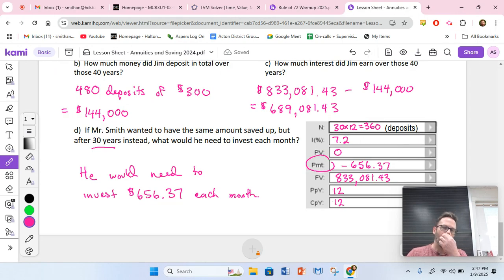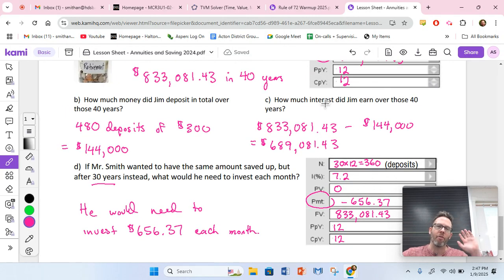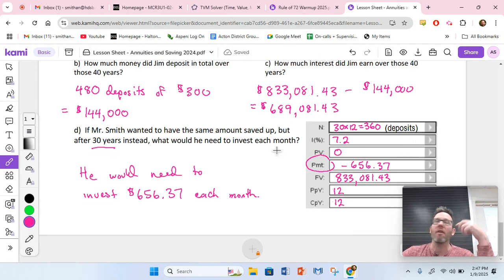So I can make this applicable to you guys. Let's say you start working, whenever that is, after school, out of high school, whatever. And you're like Jim Smith and you put in your $300 a month for 40 years and you have $833,000. But let's say instead, when you start working, for 10 years, you spend, I joke about Robux, but let's say you party, you travel, and maybe you do a few of those lavish things, but you don't save up any money for retirement.